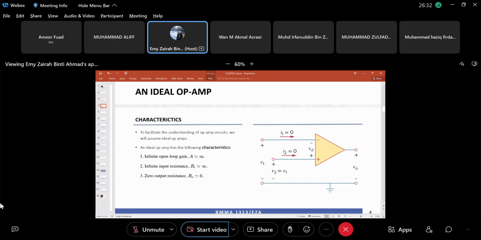So we have to make some assumption, meaning that throughout this chapter we are dealing with an ideal operational amplifier. So what is it? What does it have to do with the ideal op-amp? You need to know that it has these three characteristics.